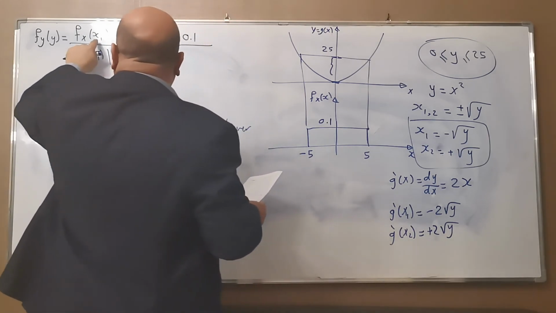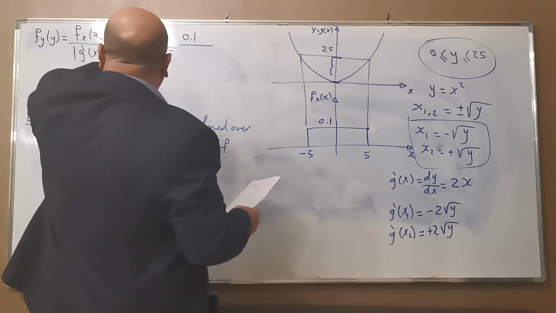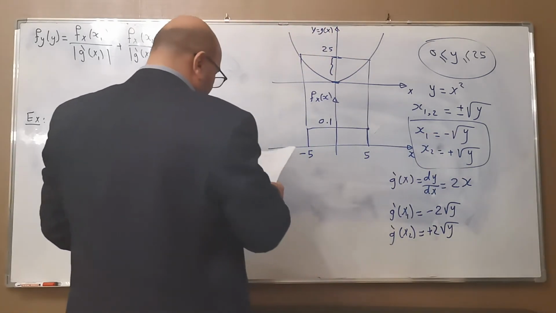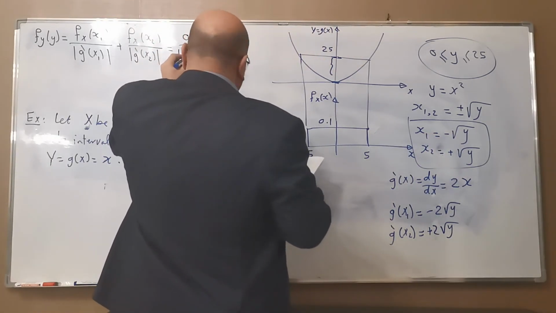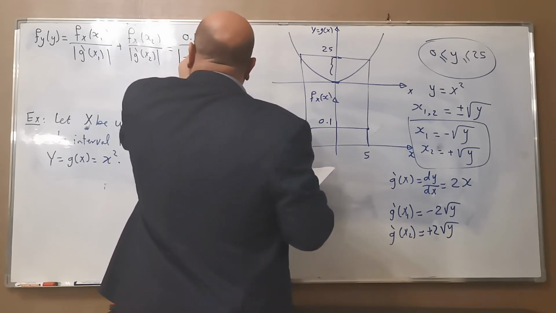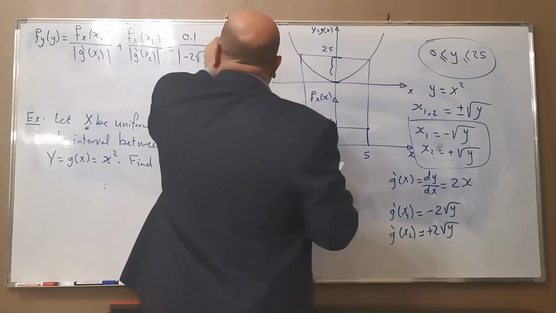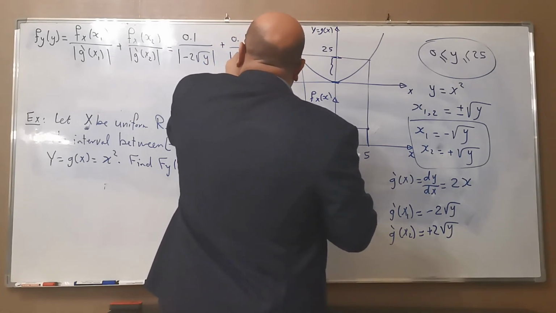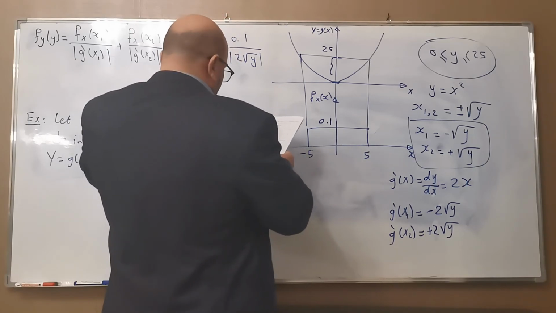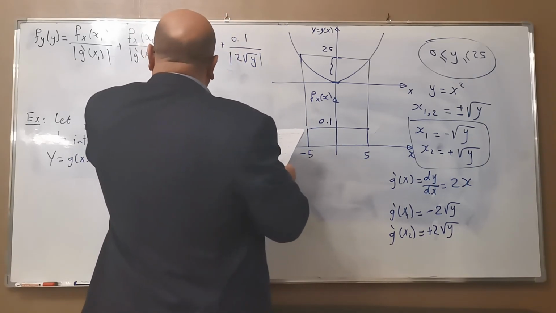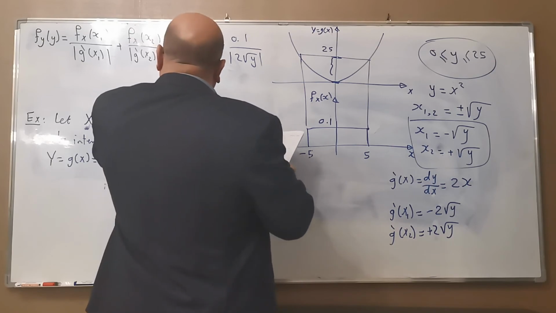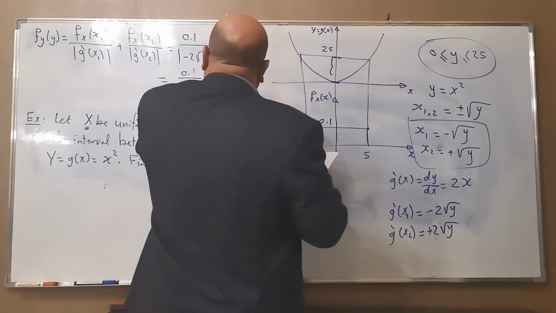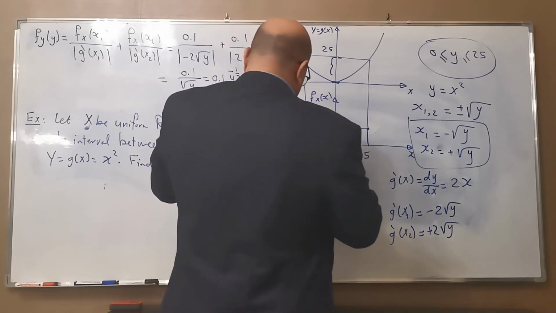So this is 0.1 divided by the absolute value of minus 2 square root of y, plus another 0.1 divided by 2 square root of y, and this equals 0.1 over square root of y, which is 0.1 y to the minus 1/2.